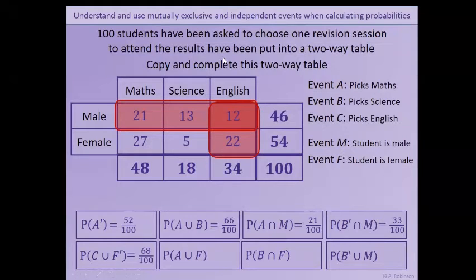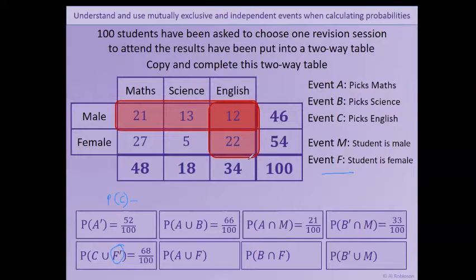So let me just check. You've got the probability of C, and then you also have the probability of the complement of F. The complement of F is not female. So it's everything that's not female.